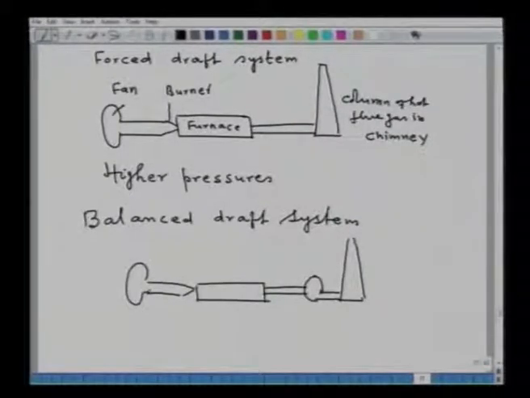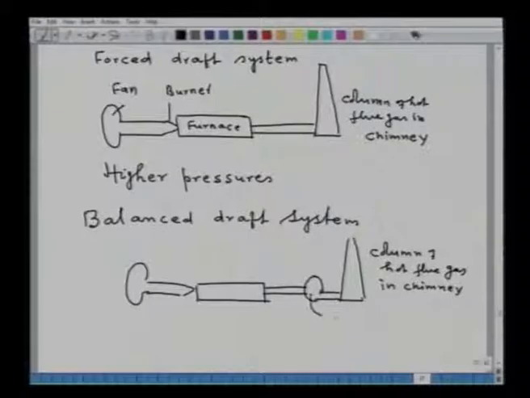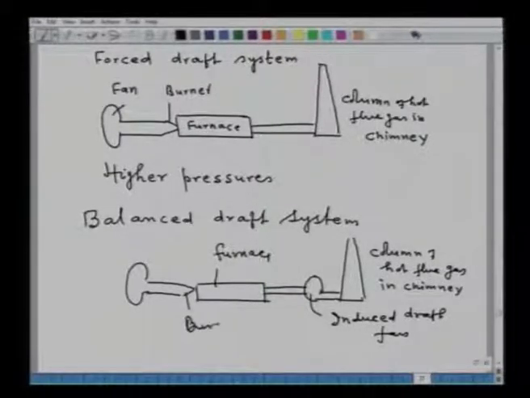So, what we have done, this is the column of hot flue gas in chimney. This one is the induced draft fan. This is the furnace, this is the burner, and this is a forced draft fan.